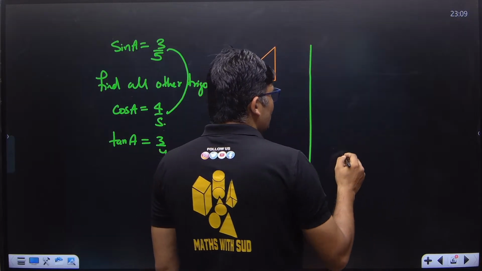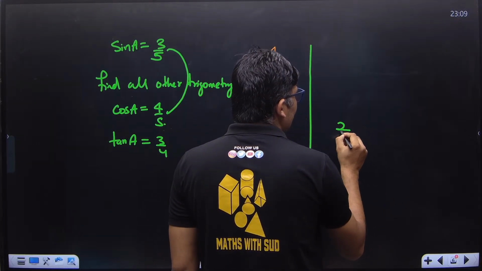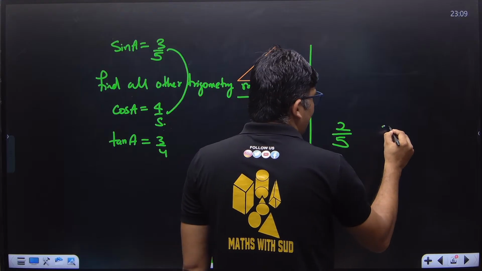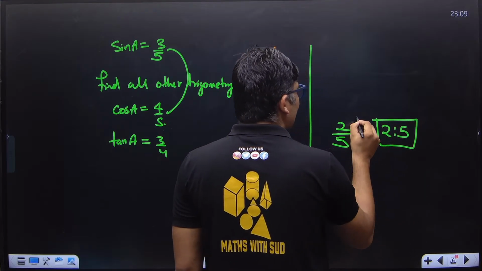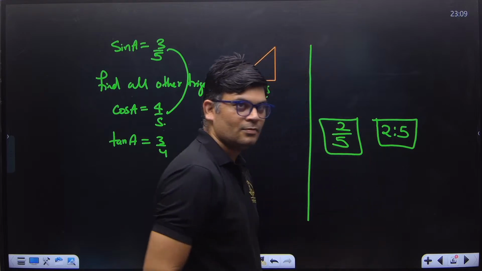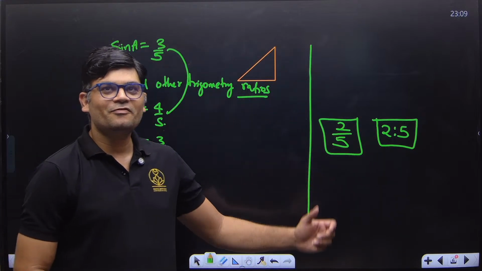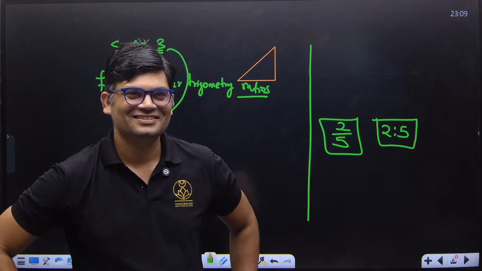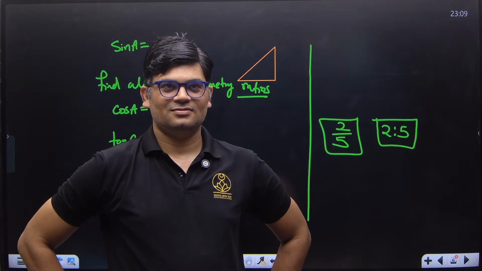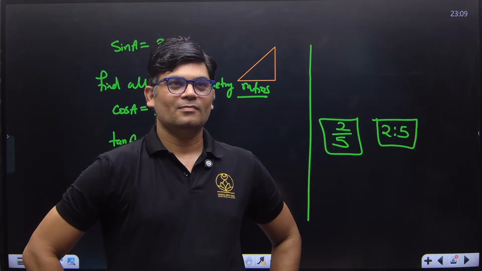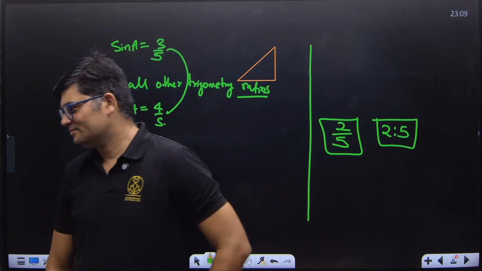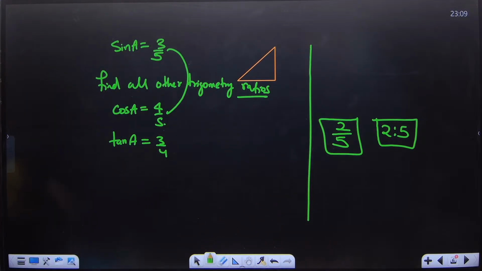Can you tell me what is the difference between 2 by 5 and 2:5? Don't tell me they are same, they are not same. Then tell me the difference. 2 to 5 is like 2 over 7 and 5 over 7.